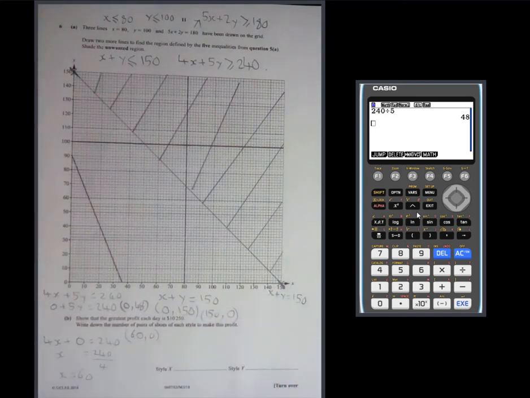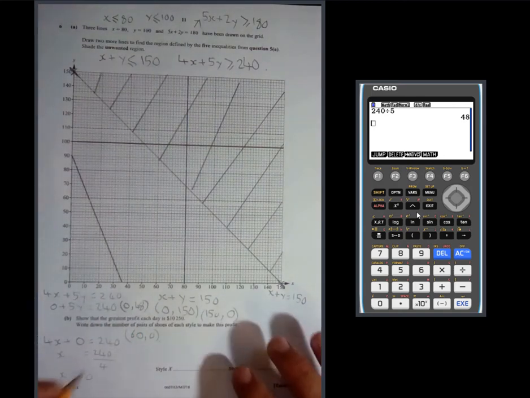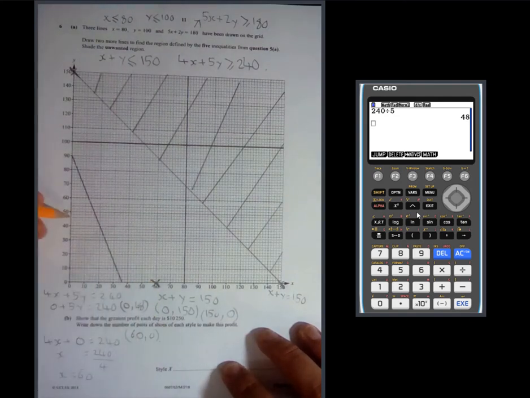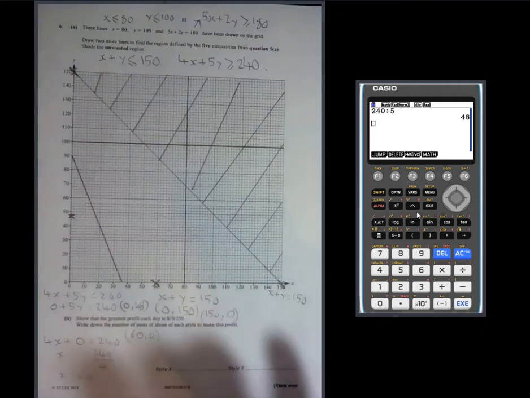So we need 0, 48 and 60, 0. So 60, 0 is here. 0, 48, well, this is going up to 50. So 1, 2, 3, 4, 5 squares. So there must be 2 each, because it needs to do 10 in 5. So 42, 44, 46, 48 is there. So where's the ruler?